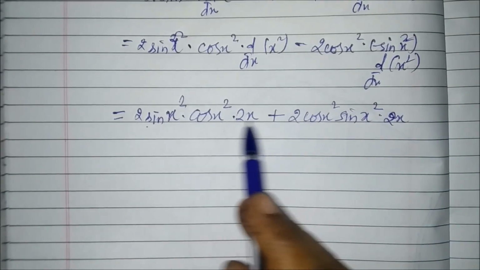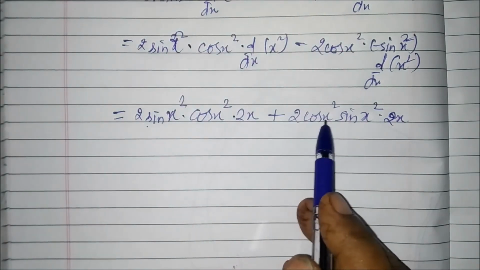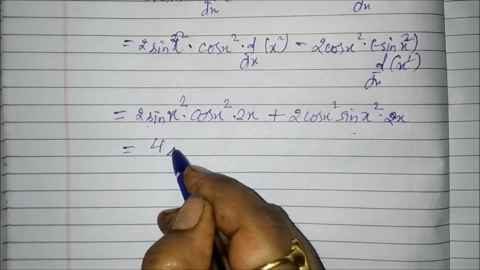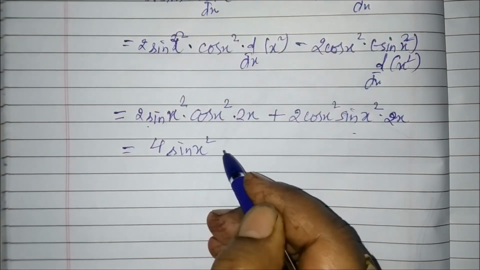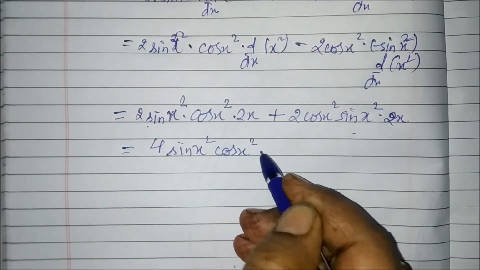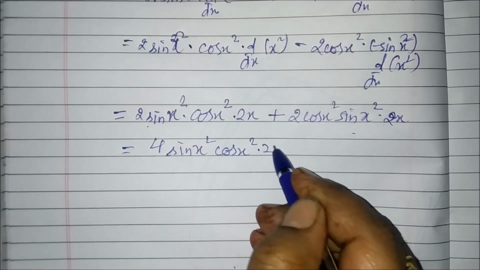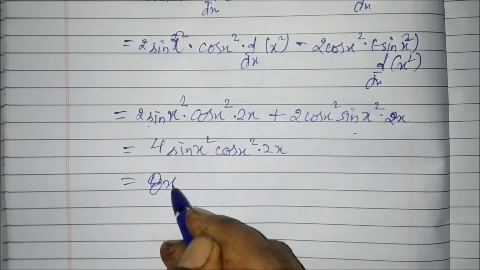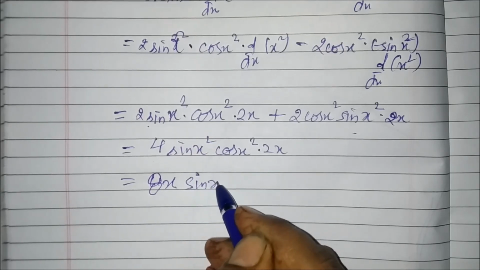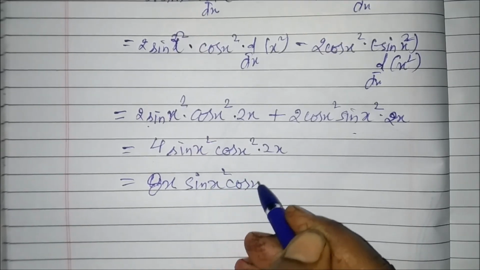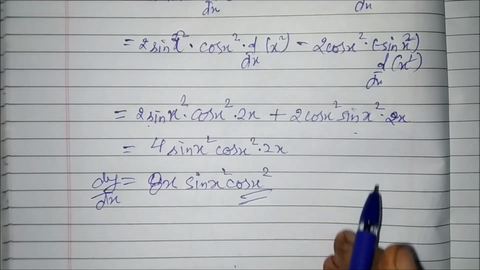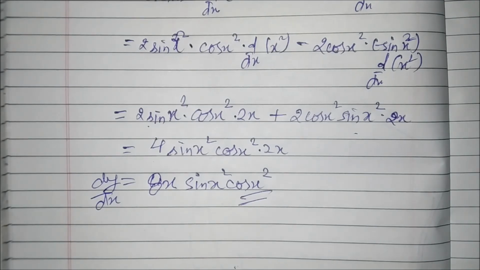Okay, since both the terms are same, now we can add this and we can write here 4 sine x square cos x square into 2x. Okay, now 4 twos are 8, so 8 x sine x square cos x square. This is final differentiation. Okay, got it? I hope all of you have understood.